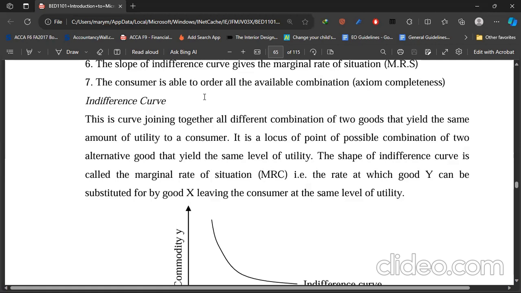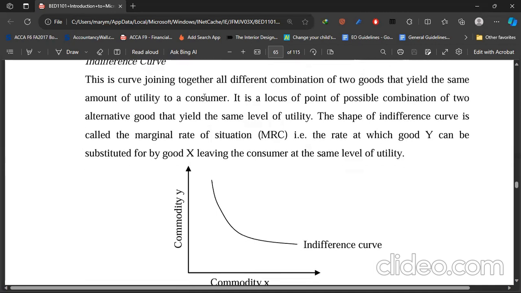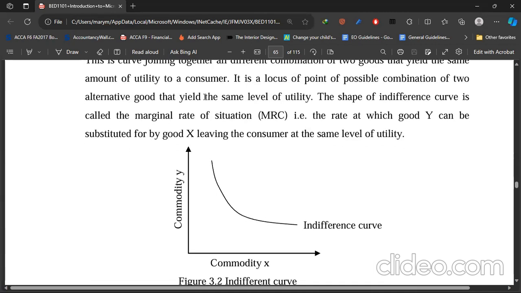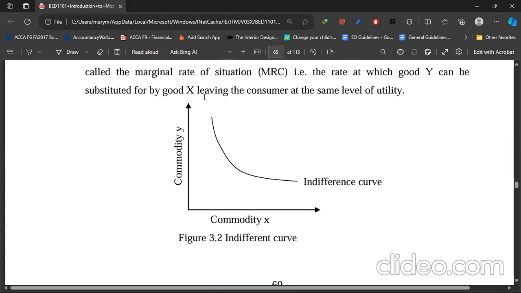We are saying the marginal rate of substitution is the rate at which good Y can be substituted for by good X, leaving the consumer at the same level of satisfaction.